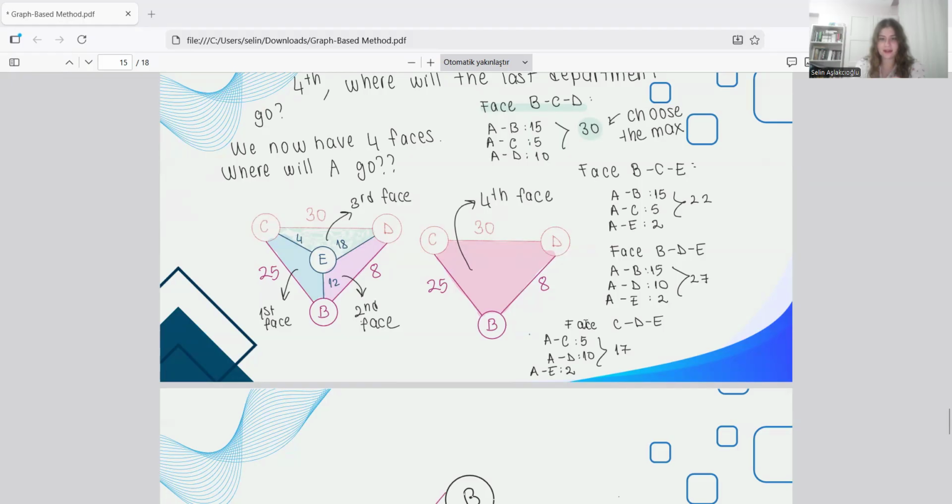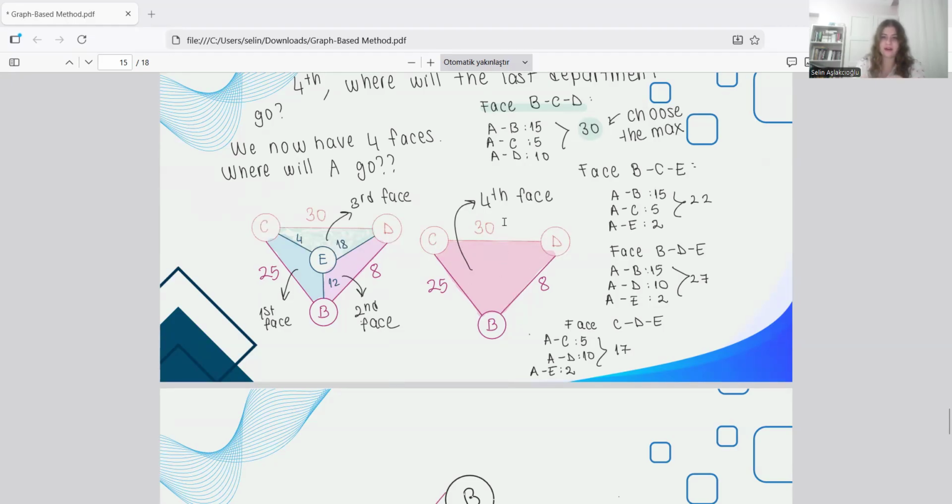So we have last face left, which is C, D, and E right here, the green section right here. A and C is 5, A and D is 10, and E is 2, their sum is 17. So we choose the maximum one again, which is 30, which is this right here, this face, B, C, and D. We are going to place it here.